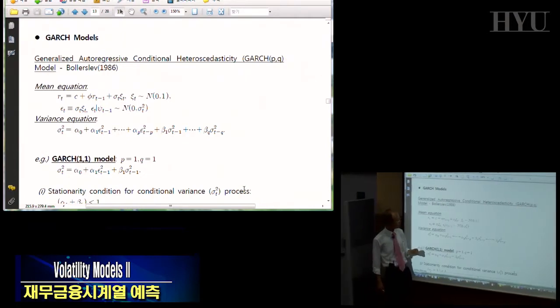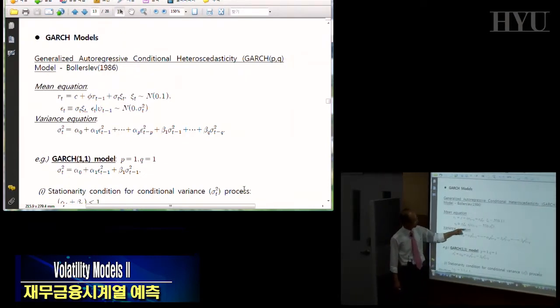So if psi t is standard normal, and this is a known number at t, right? Because of this structure, this is a known number at t. Even though it has time subscript t, it is still a known number if you specify the model this way, right? So let's calculate the expectation on this one.